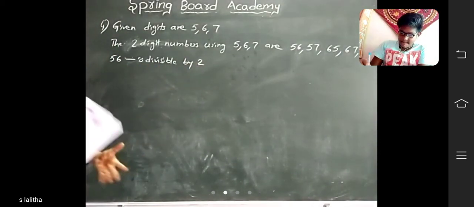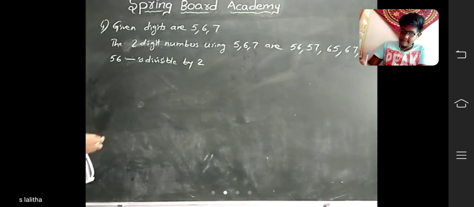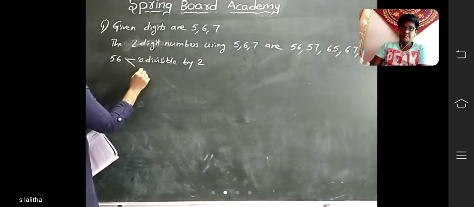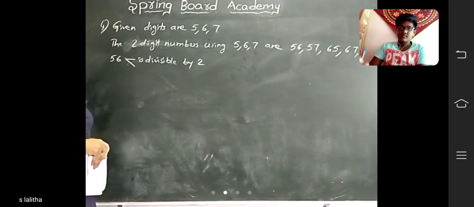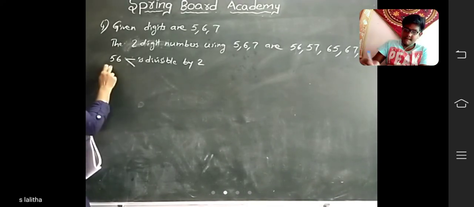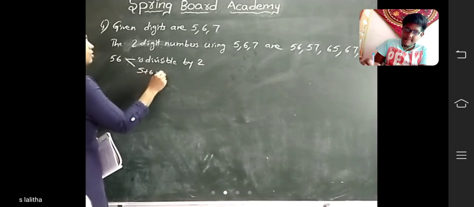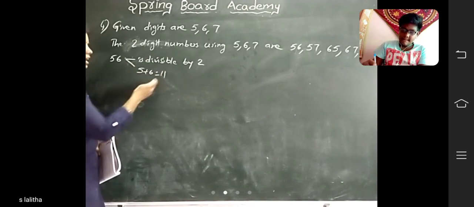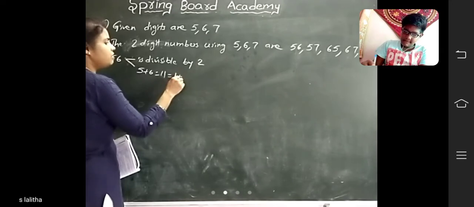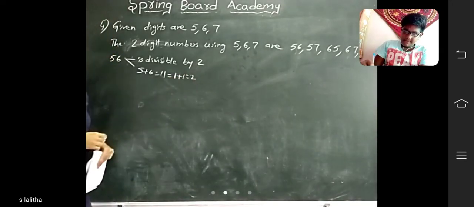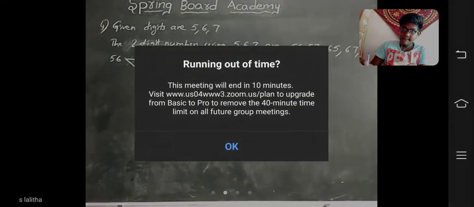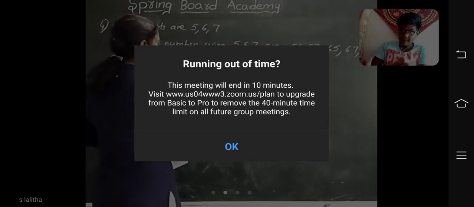And next, is it divisible by 3? Check it. What is the rule? You can add digits. 5 plus 6 equals how much? 11. 1 plus 1, 2. Is 2 a multiple of 3, children? No.